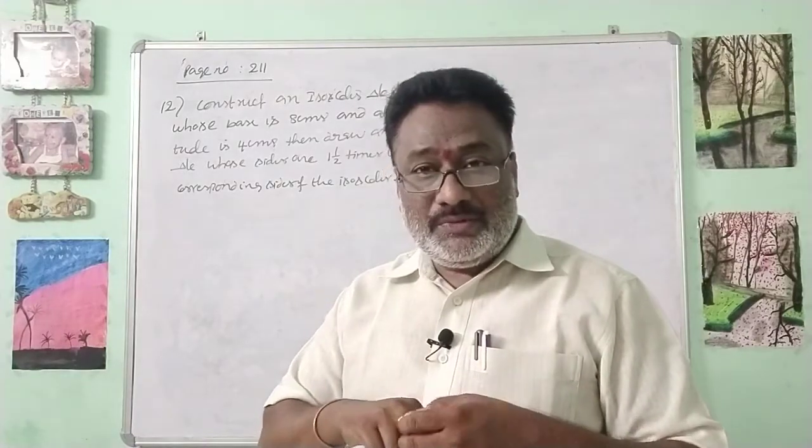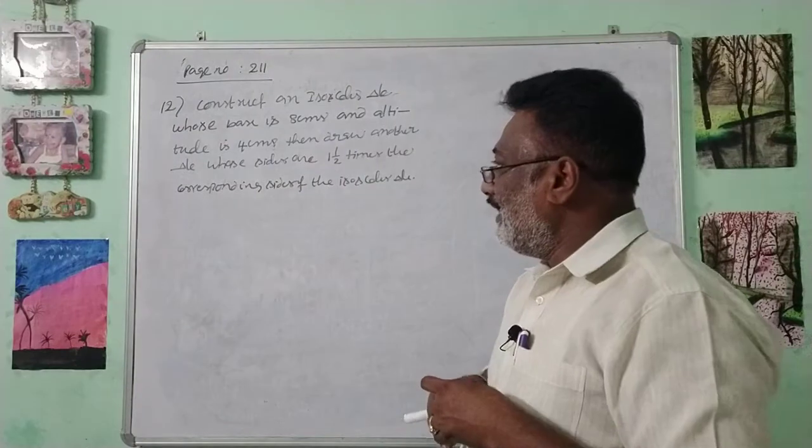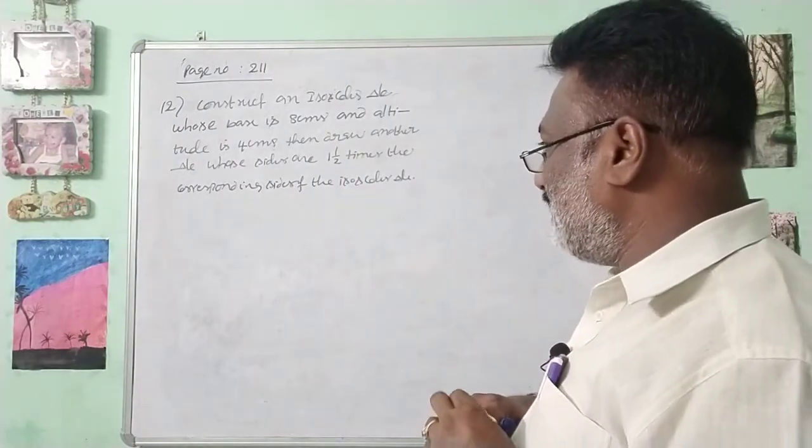So here, by taking only these two measurements, we need to draw an isosceles triangle. But how it is possible to draw, let me explain. Here altitude you need to take as 4 centimeters.